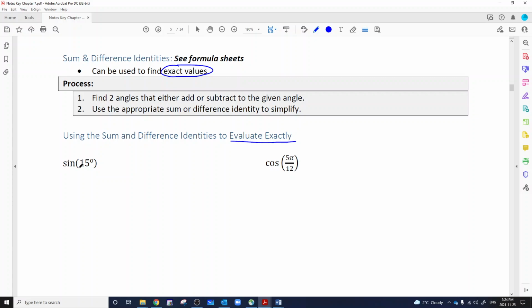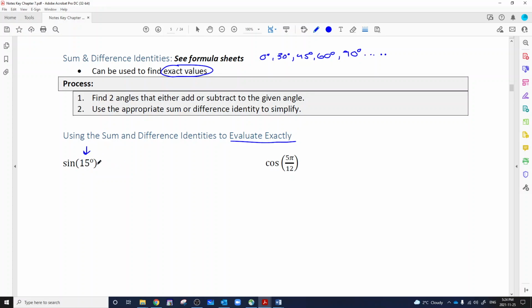Now, when I give you 15 degrees, you might be thinking, well, that's not one of my exact triangles. You know, my exact triangles, I know 0 degrees, I know 30 degrees, I know 45 degrees, I know 60 degrees, I know 90 degrees, and so on. Well, you're going to be able to use these numbers with addition or subtraction to make this value.